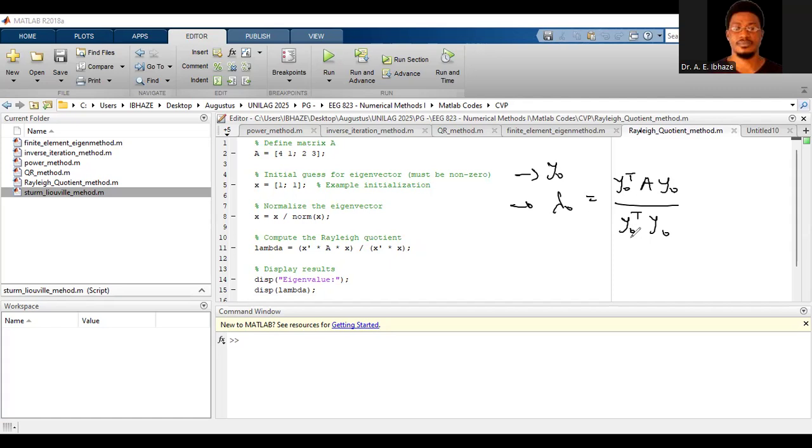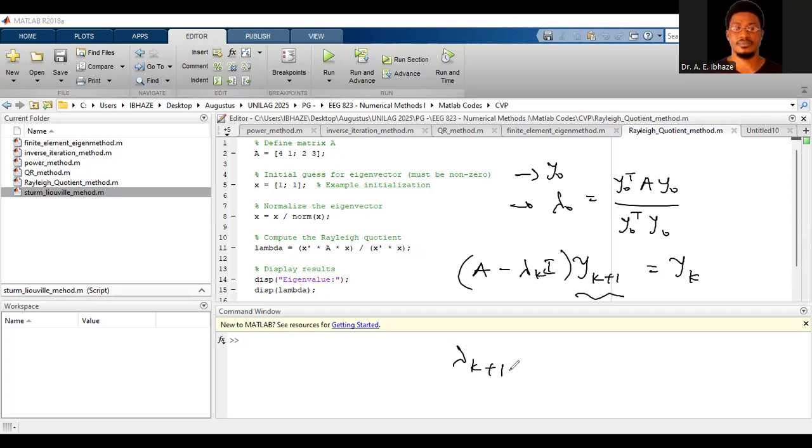And at each iteration, we are able to solve the shifted system such that A minus lambda k times the identity matrix, y sub k plus 1, is the same as y sub k. So that afterwards, we are able to estimate y sub k plus 1, and then we normalize it. And after that, we are able to update the estimate of lambda, which is what we intend to solve.